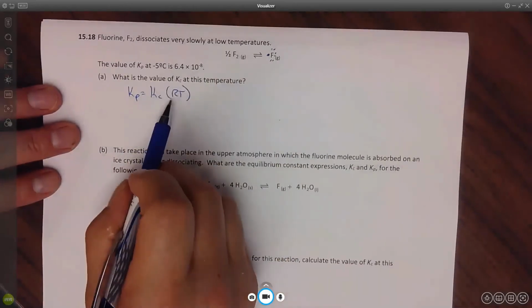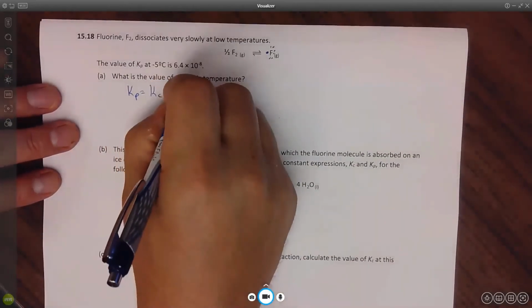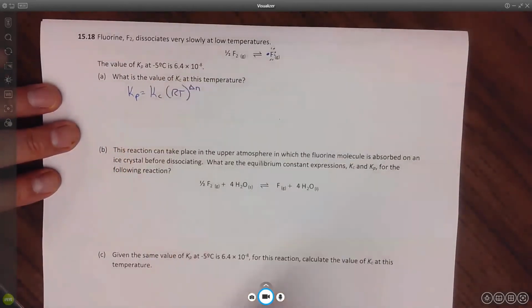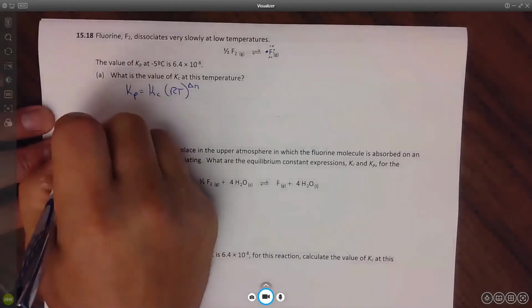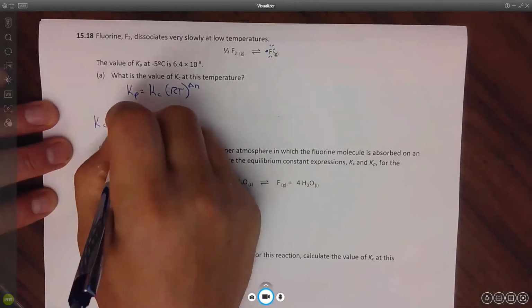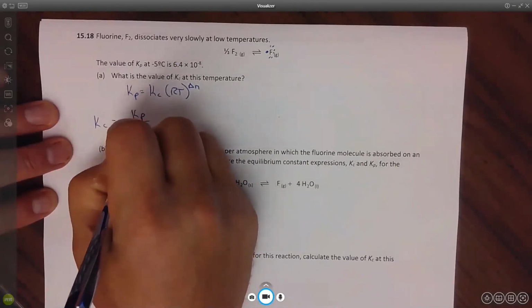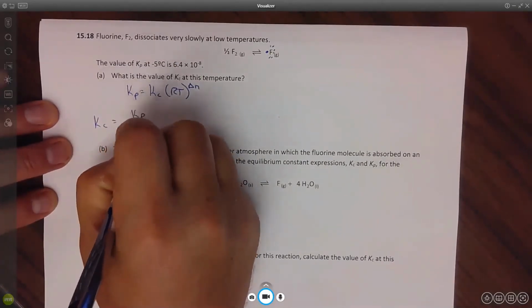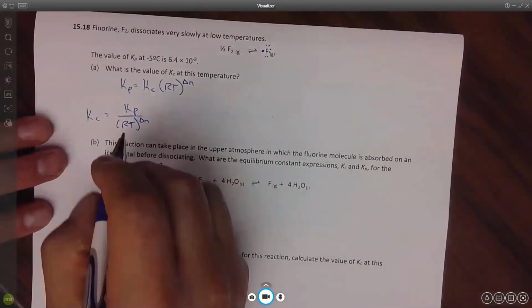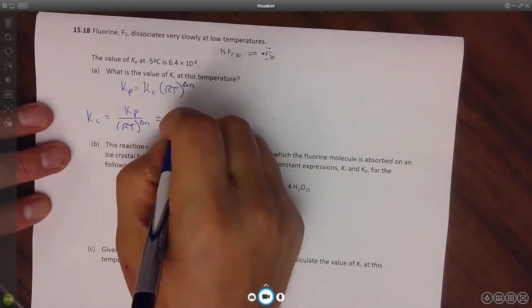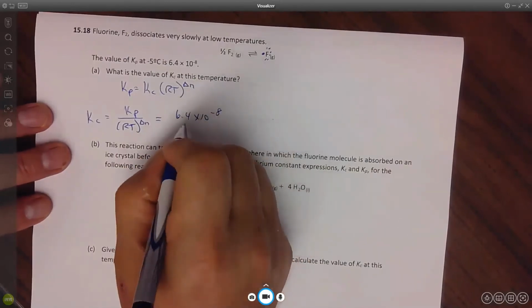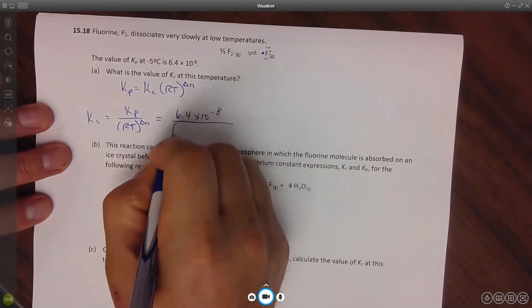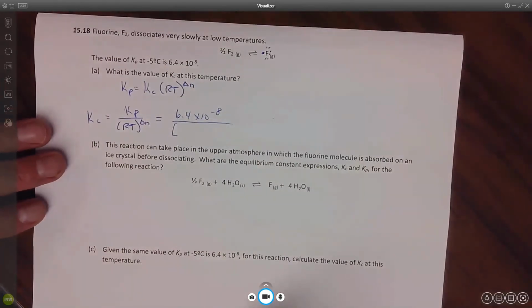And remember, it's that quantity raised to del N. Yeah, and then you'll just rearrange it to find Kc. Okay. Kp was given to us. What's the value of R?